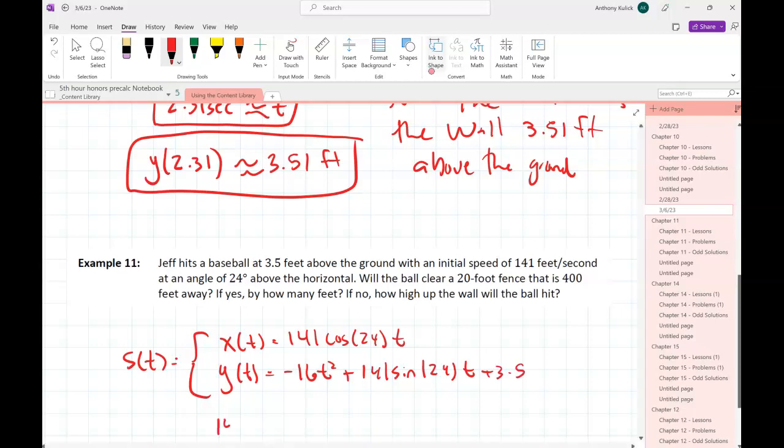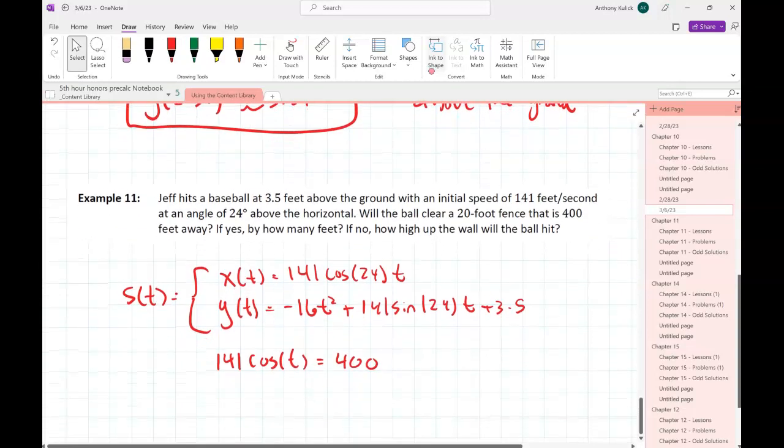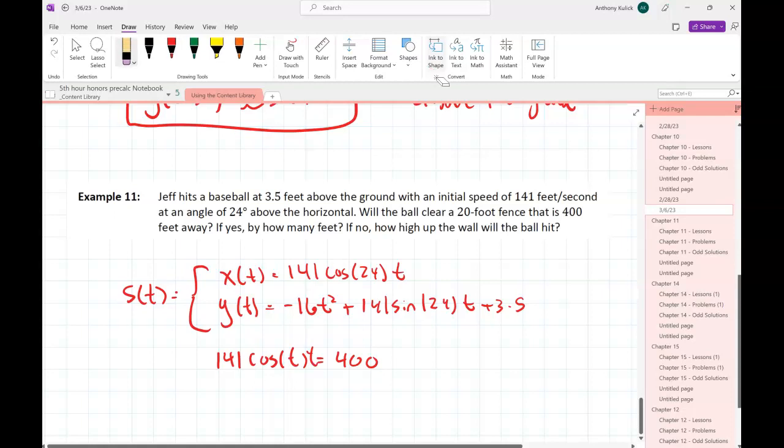So we're going to take 141 cosine 24 times t and set that equal to 400. So t should be 400 divided by 141 cosine 24.